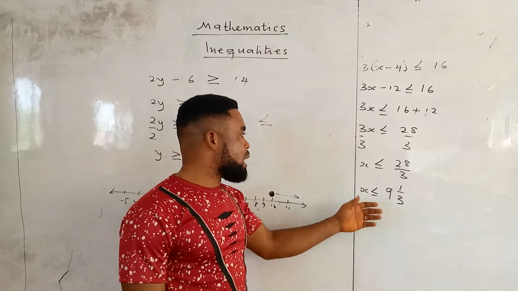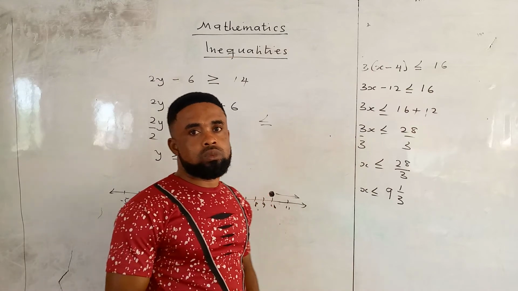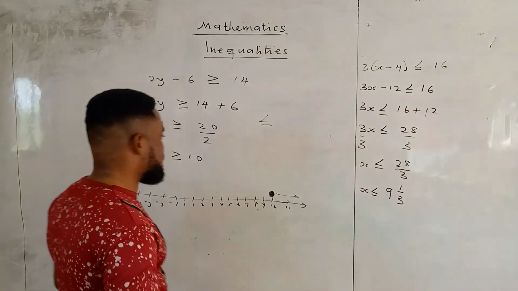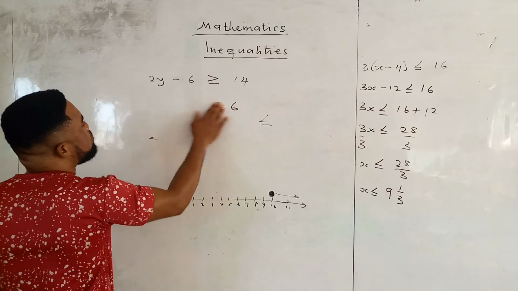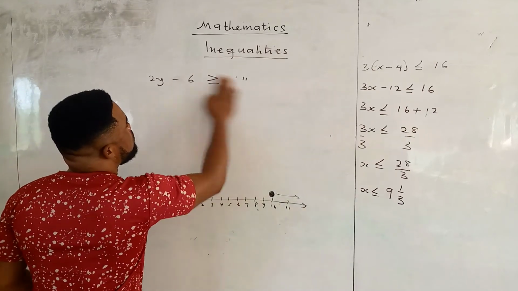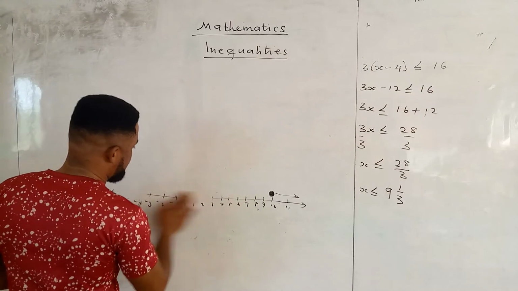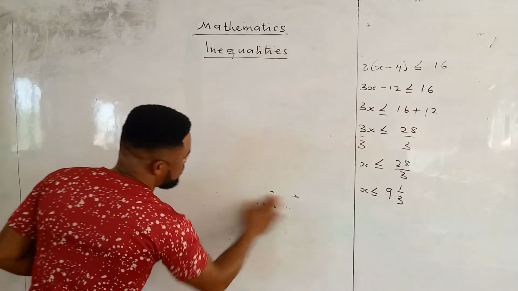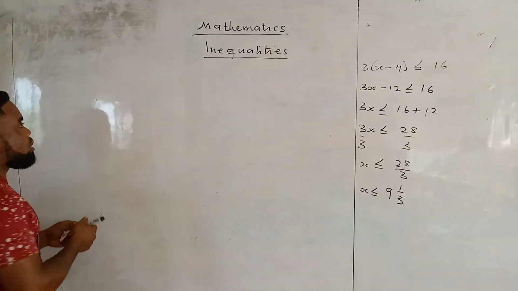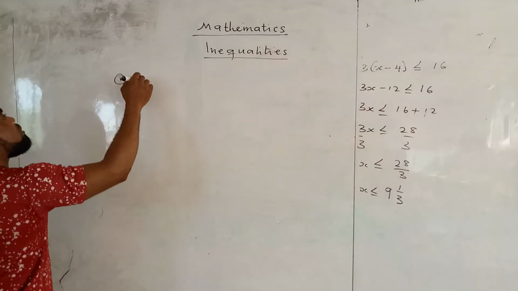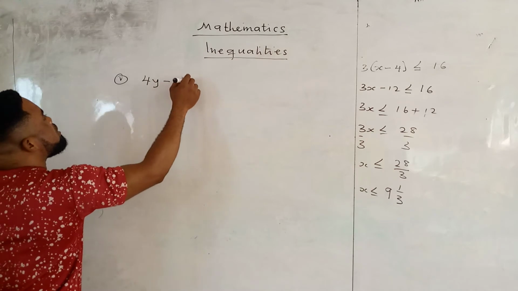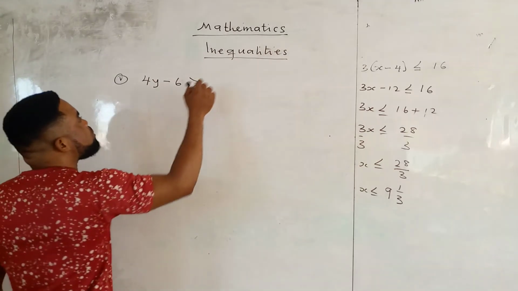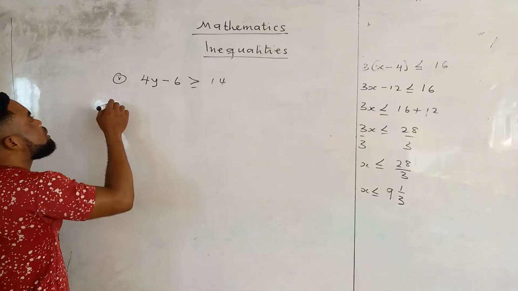Okay. So we shall end it here today. And let me give you assignments for it. Assignment number 1, 4y minus 6 greater or equal to 14.